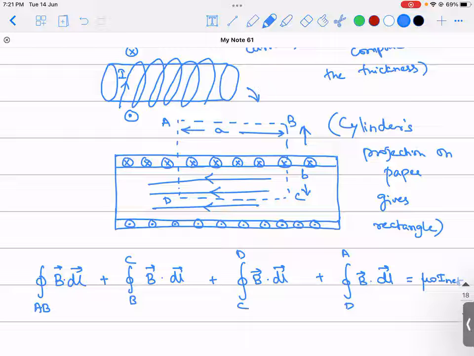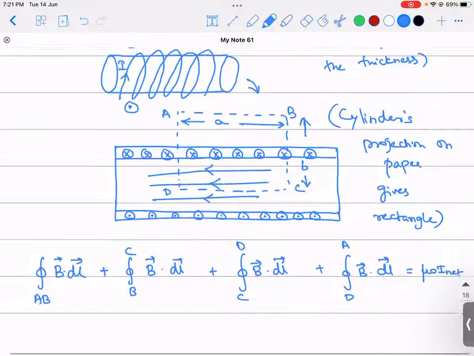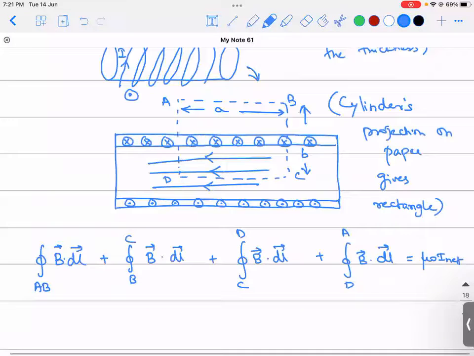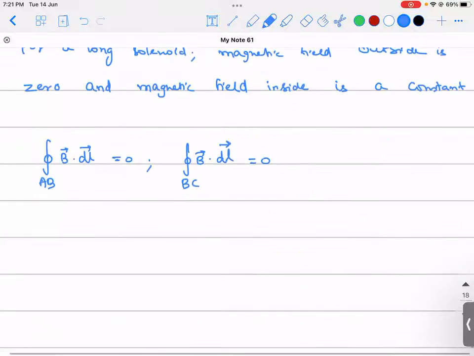Because if this is the solenoid, if you take this to be the current carrying wire, this is the direction of current. When you curl your fingers, inside it is coming in this direction. So this is the direction of magnetic field. When you take that to be the direction of magnetic field, in the case of B to C, magnetic field and length are perpendicular to each other. So B dot dl is 0.